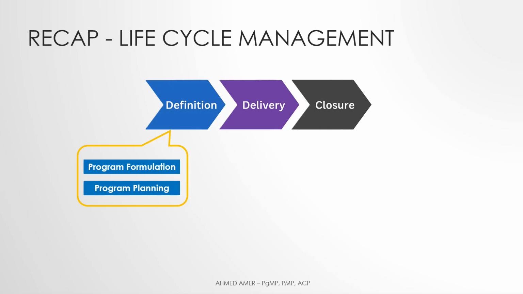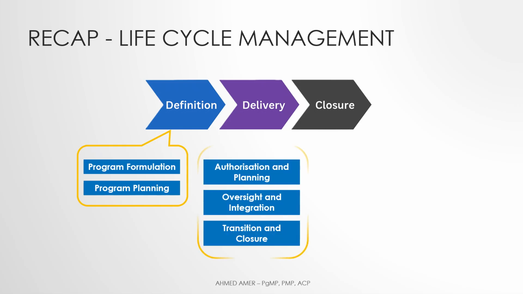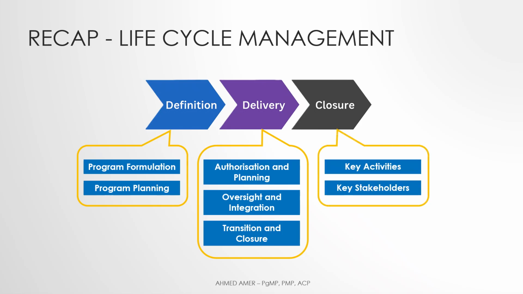We have also gone through how the program delivery phase encapsulates the entire component life cycle, where components start with authorization and planning, go through oversight and integration, and eventually end with transition and closure. Finally, we talked about the program closure phase and what can be the focus there, who the key stakeholders are for program managers to work with, and how this phase is closely positioned to the benefits management performance domain.